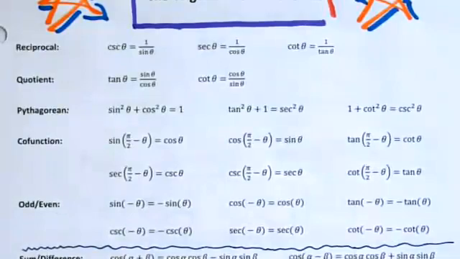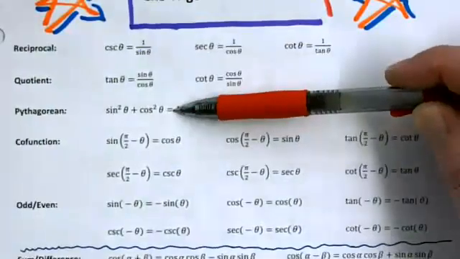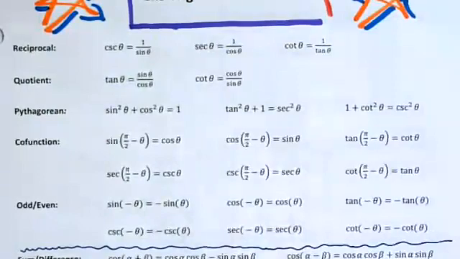So if you could set a goal for yourself while you're working tonight to make sure you have one of your Pythagorean and maybe your cofunctions, and then next homework work on making sure you know odd even and some more of your Pythagoreans. I don't know, however you want to do it. Start getting after that. Questions?